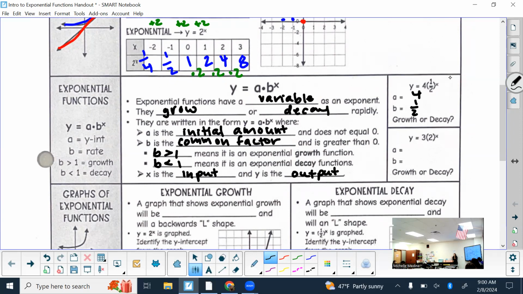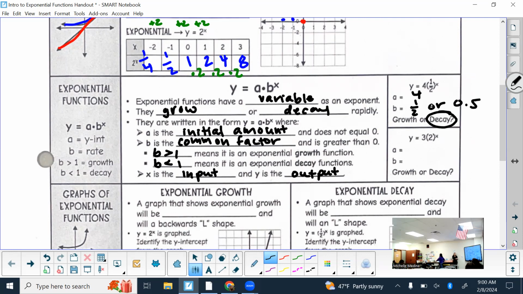And Keegan, would this be growth or decay? Is that b value bigger than 1? So it would be decay because 1/2, which as a decimal is 0.5, is smaller than 1. It would be decreasing over time. Yes. Okay.